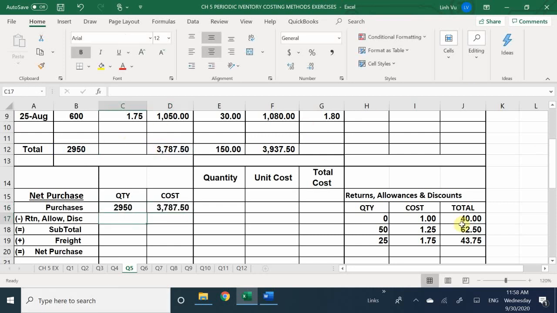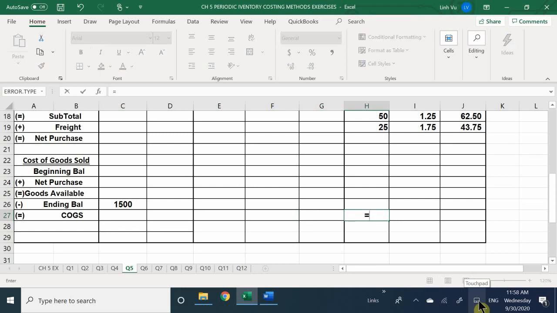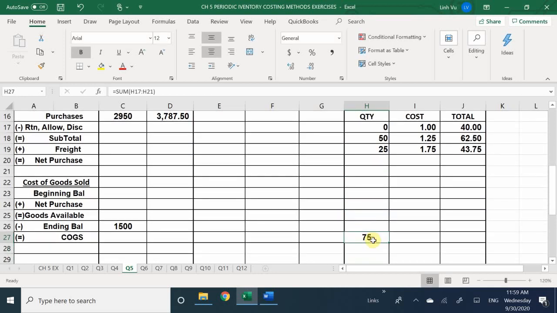Now my total returns and allowances, which I have to sum up here. So I'm going to go ahead and get my totals here. And I'm going to recognize that I have a total items returned is 75, and the total cost of that is going to be $146.25.